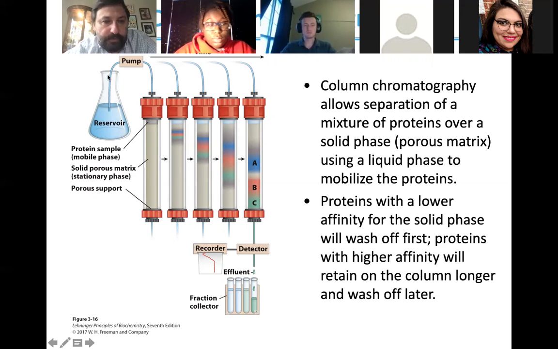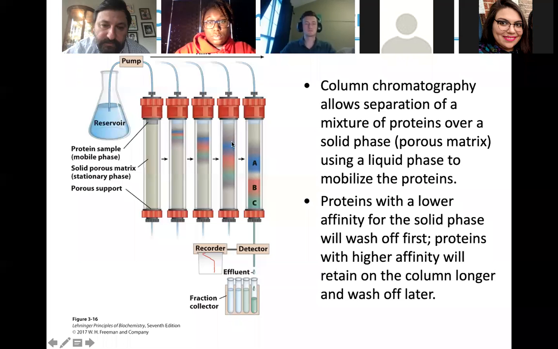We have the stationary phase, and we have a liquid phase. Remember, this is based on distribution of the protein between stationary phase and liquid phase, right? So you want to do it slow enough so that you allow for the protein to equilibrate between the aqueous phase and stationary phase.